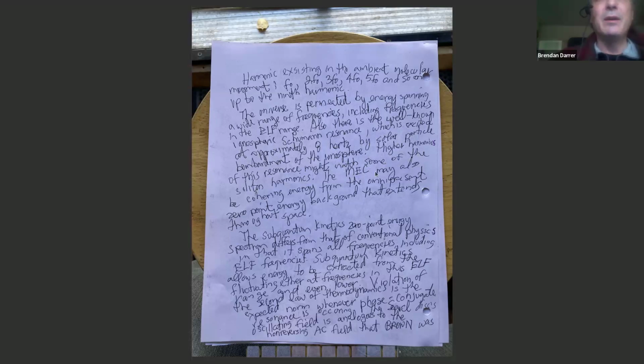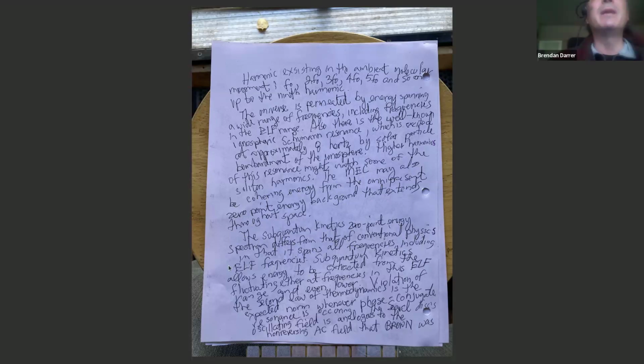The MEG may also be cohering energy from the omnipresent zero-point energy background that extends throughout space. The subquantum kinetic zero-point energy spectrum differs from that of conventional physics in that it spans all frequencies, including ELF.